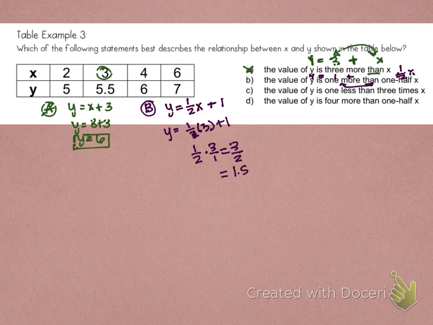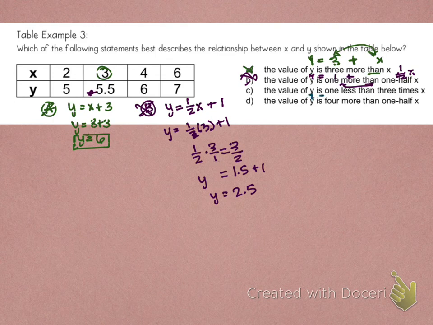Okay, so now we have y equals 3/2 plus 1. So y equals 5/2. Okay, well, that does not say 5/2 right here, so that cannot work. So B is a no-go. Oops, I just circled it for the answer. B is a no-go. Okay, so let's try the next one.